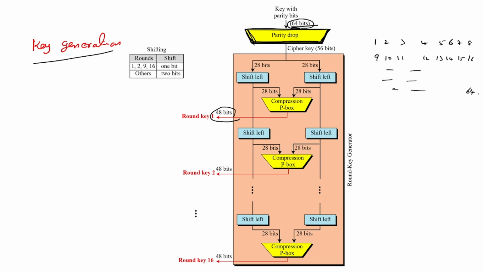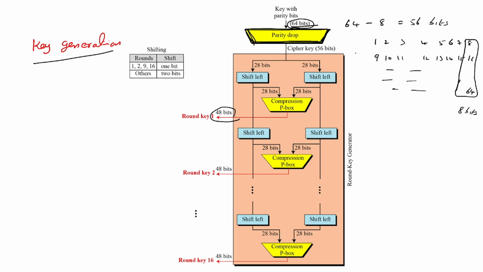We need to drop these bits, which are called parity bits: the 8th bit, 16th bit, 24th bit, 32nd bit, and so on. We need to drop all these 8 bits. So from 64 we drop 8 bits. The result is 56 bits.